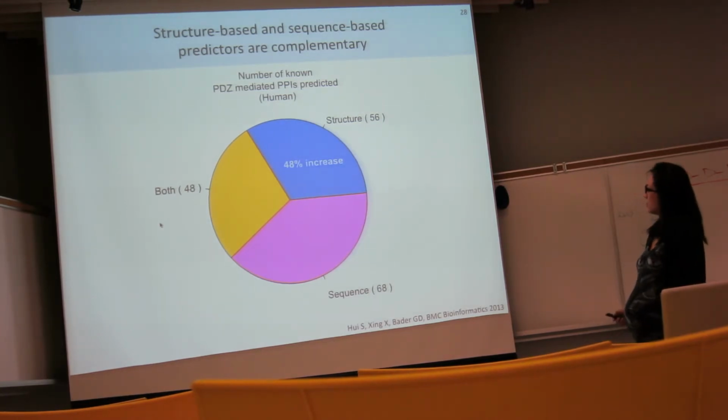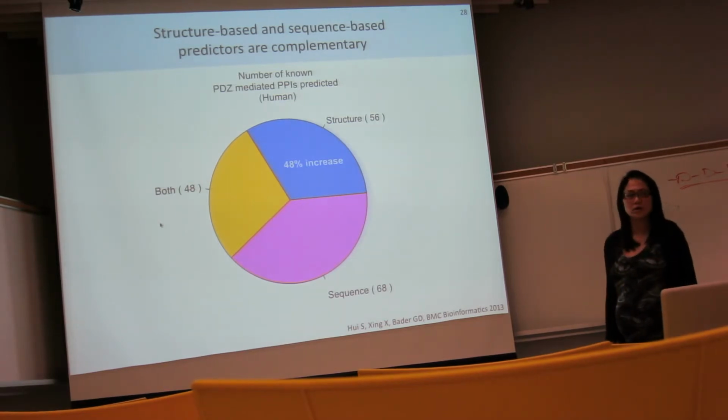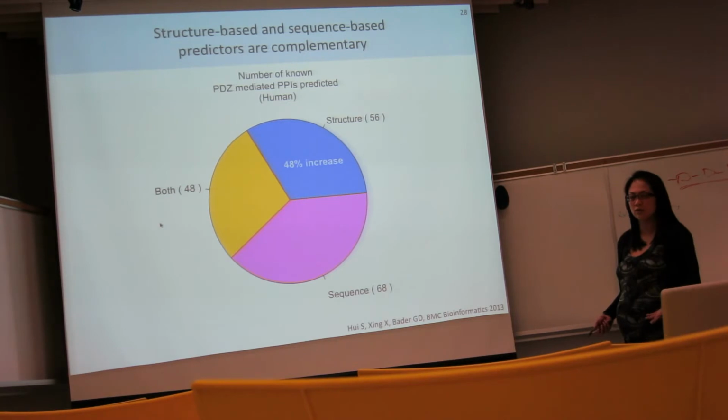In particular, the structure-based predictions result in a 40% increase in the number of PDZ-mediated protein-protein interactions that can be predicted. So it highlights the importance of using different features in order to increase the coverage of what we can currently predict.